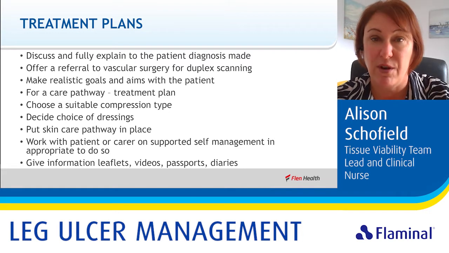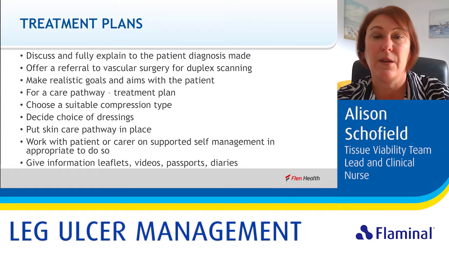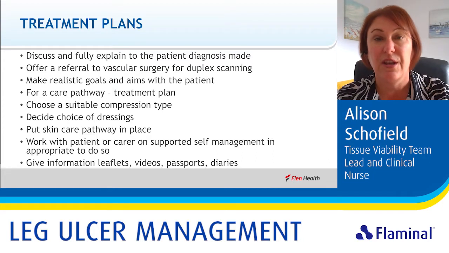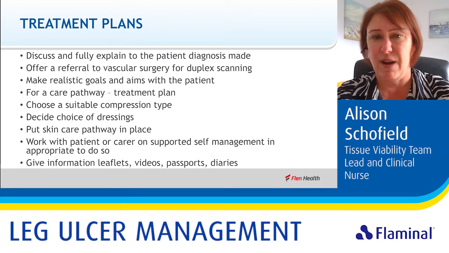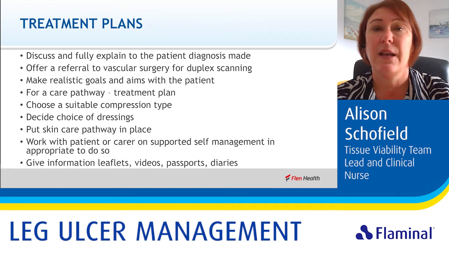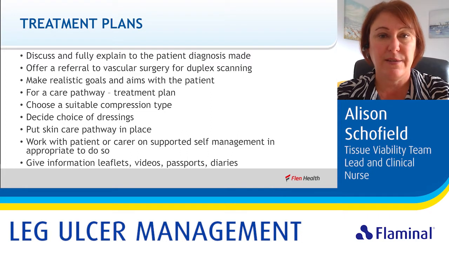If it's appropriate for this patient, it may be that they can have some surgical intervention that will then rectify their venous conditions, and this will prevent it coming back. There's been lots of research around this and the vascular teams are really coming on board to enable this process.